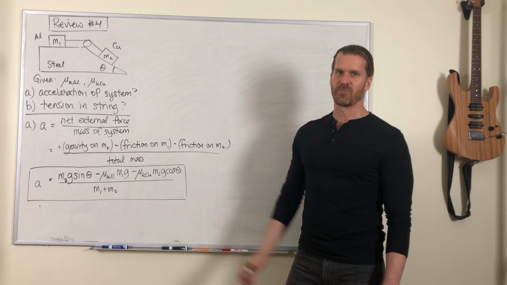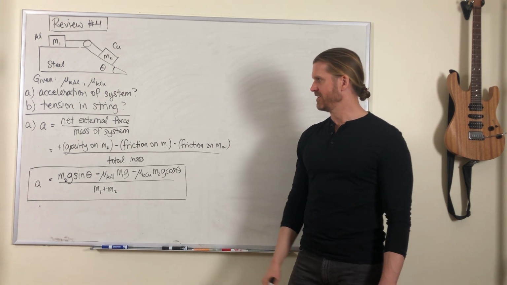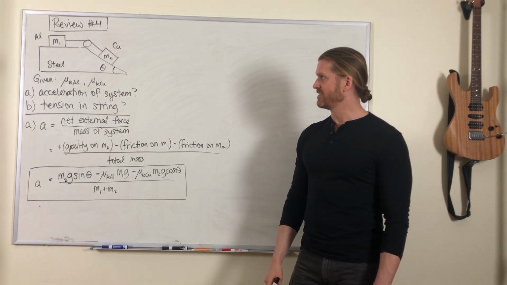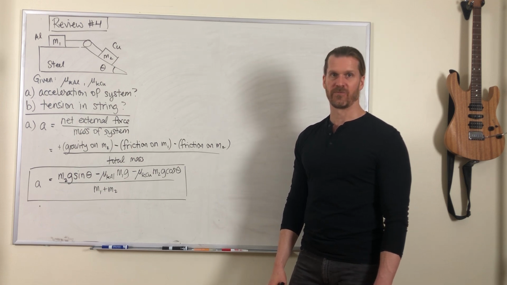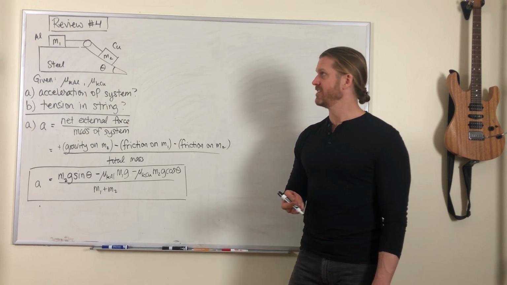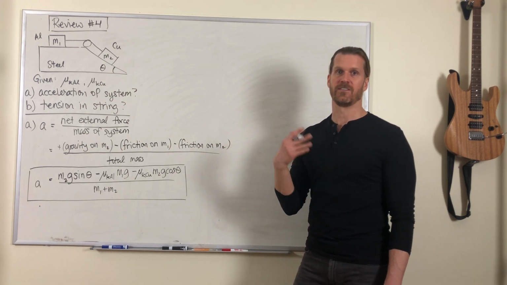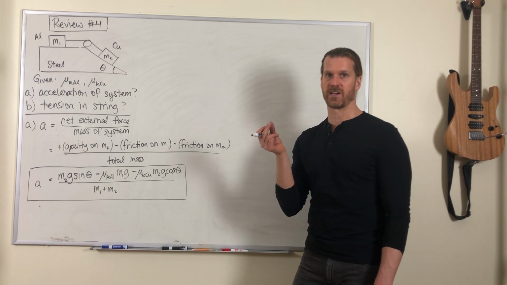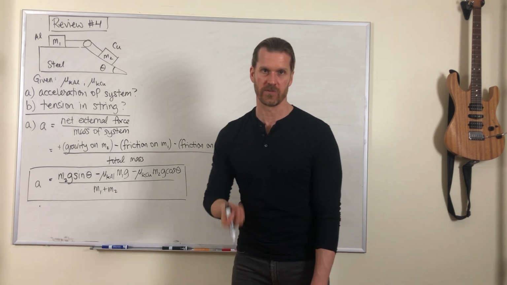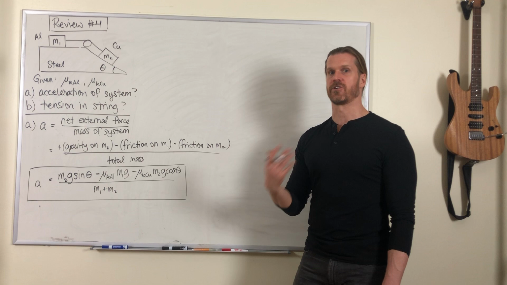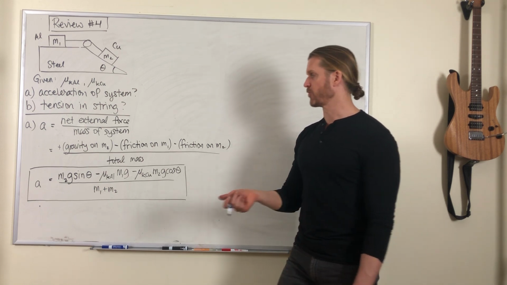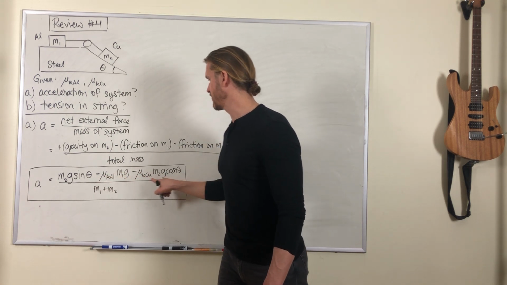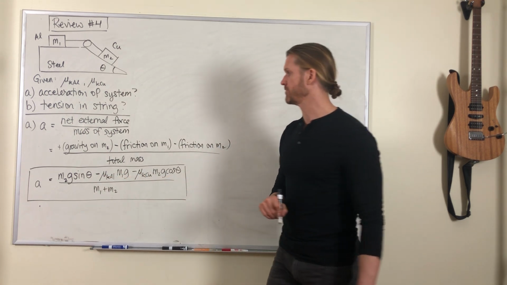Our problem-solving process for obtaining this answer wasn't to draw free body diagrams and solve systems of equations. It was to use some common sense, look at the picture, identify forces that are making the system go, forces that are slowing the system down, and then drawing on our past experience of having solved many problems before to write down the mathematical expressions for each of those forces.